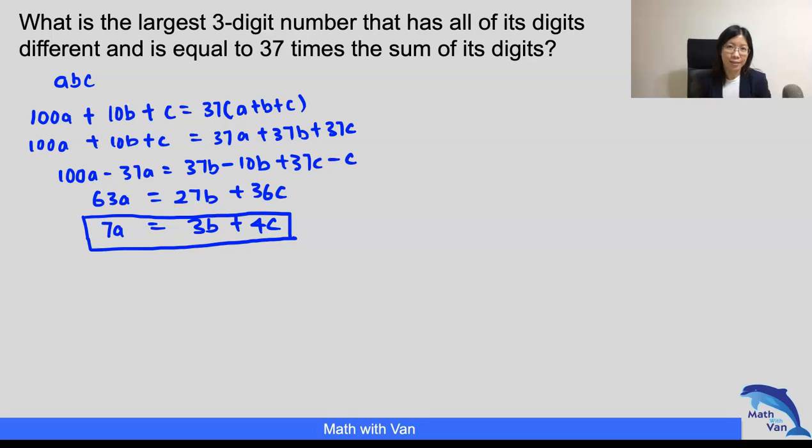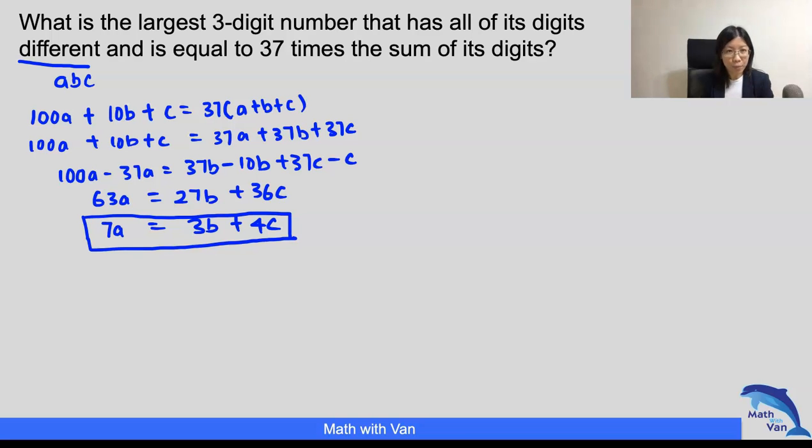Now, looking at this, 7 is actually 3 plus 4, right? So if they are all of the same value, this equation becomes valid. That means if A equals B equals C, the equation will be valid. But since we are asked for different digits, that cannot happen.